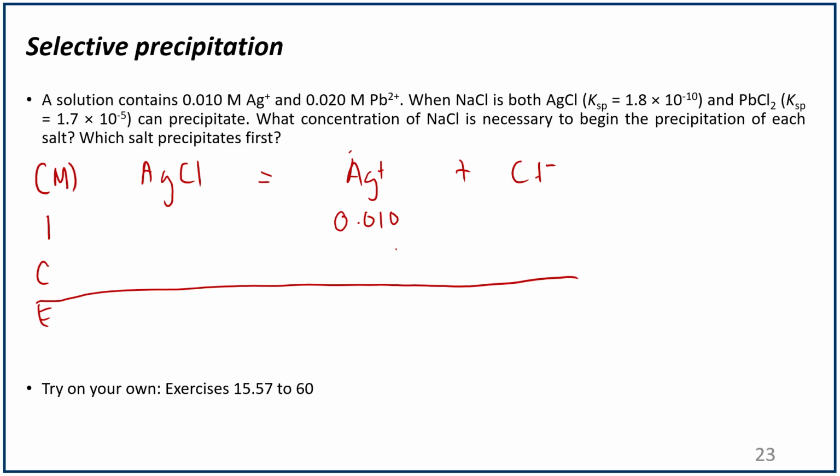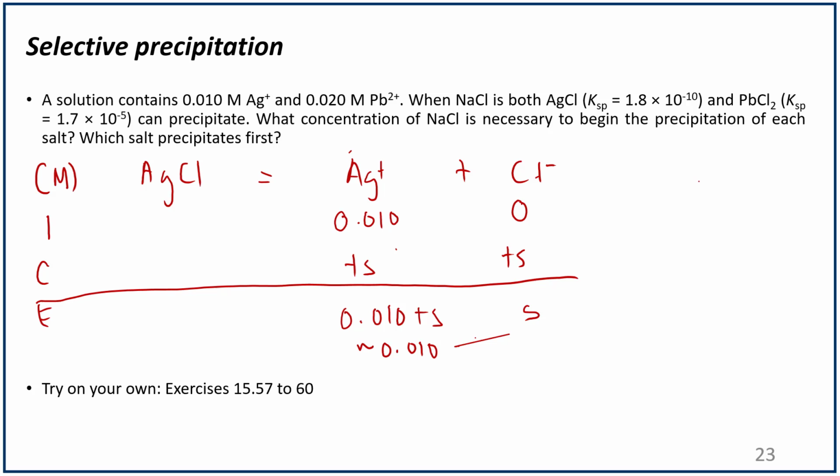That's how much we have at the very beginning. And then we have no chloride ions. The change is plus S for each. So this will be 0.010 plus S, and this will be S. And we can just assume that this is 0.010 at equilibrium.